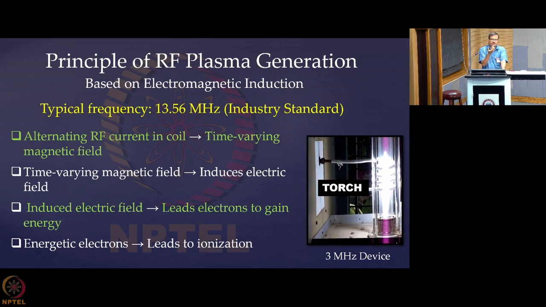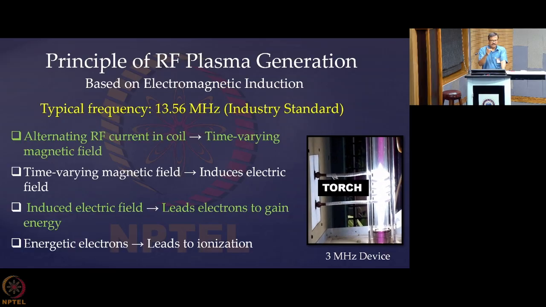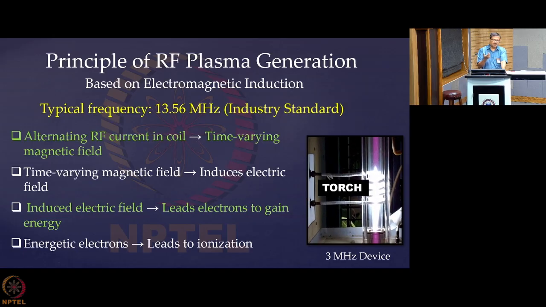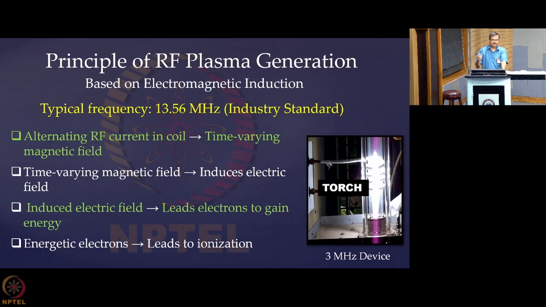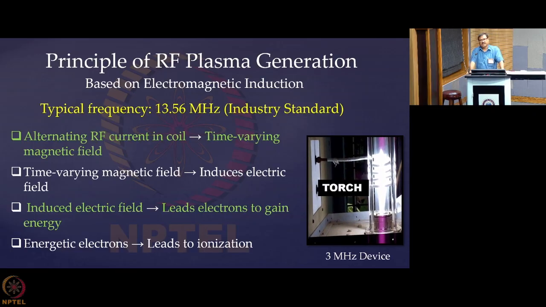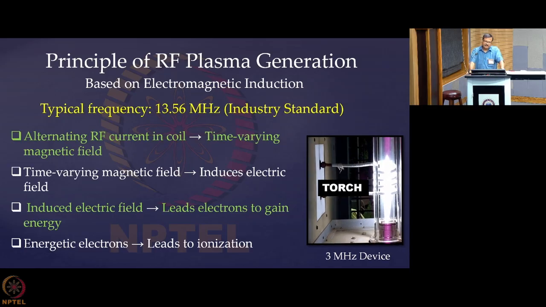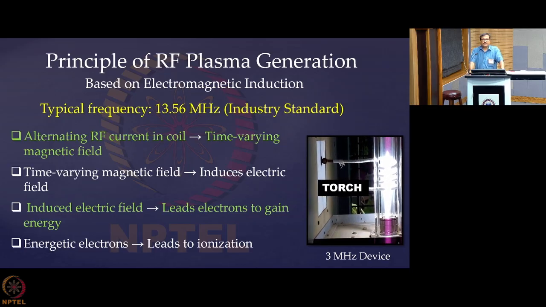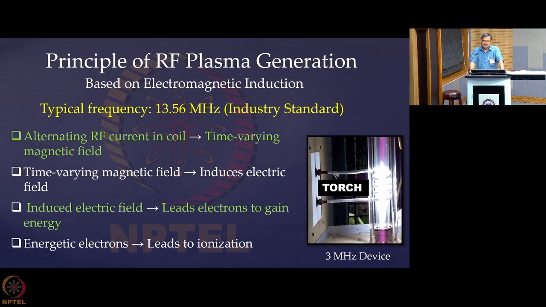One time it will be in the clockwise direction, another time anti-clockwise direction, and when it is switching like that, it will induce the electrons to get accelerated accordingly, and they will collide with the surrounding gas atoms, ionize them, and electrons will come out, and your plasma will be formed. So this way your RF plasma is generated.